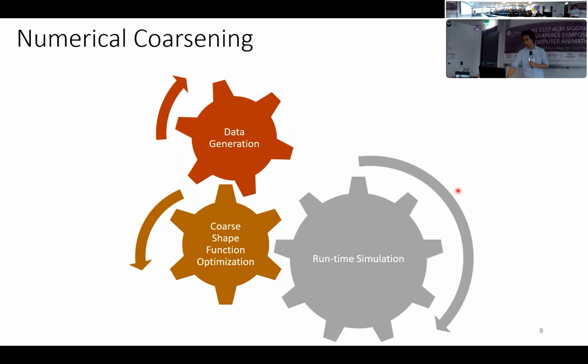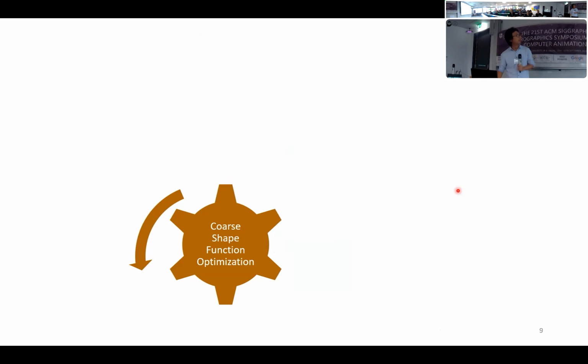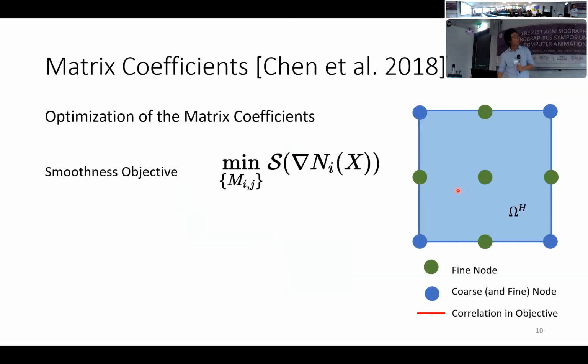So right now, let us first see the coarse shape function optimization and how we can accelerate it. Here is how we get the matrix coefficients with the baseline method. The baseline method proposed a constrained optimization using a smoothness objective to penalize the gradient of the coarse shape function within the coarse cell.